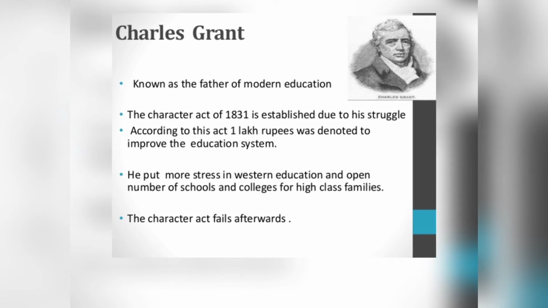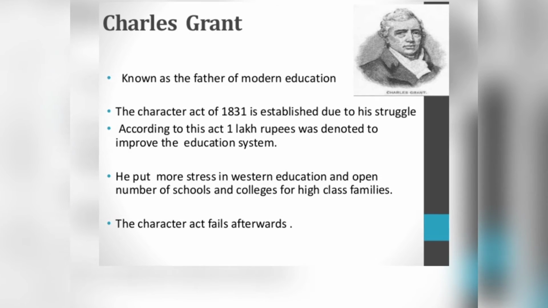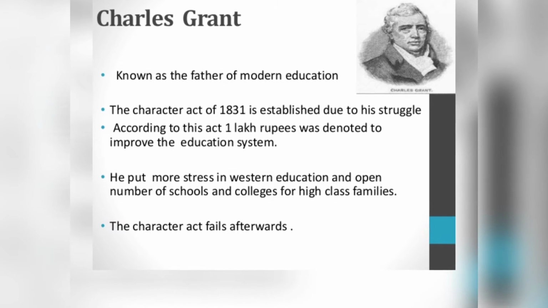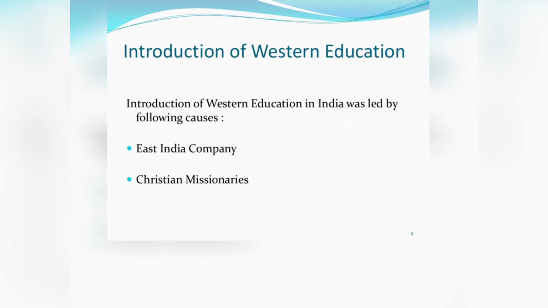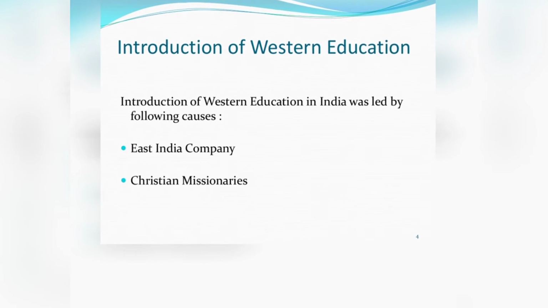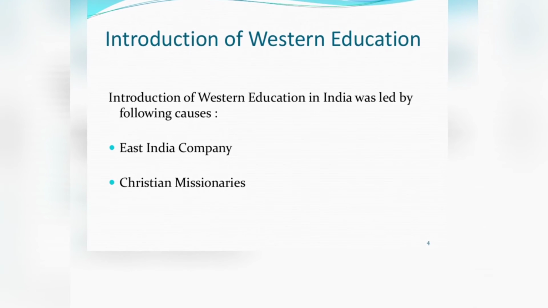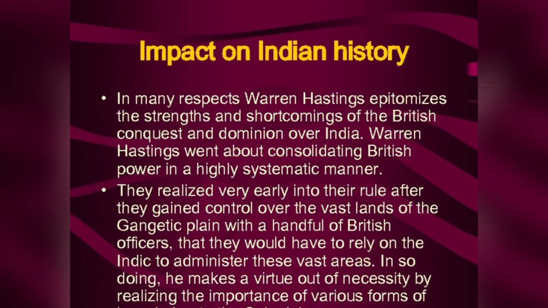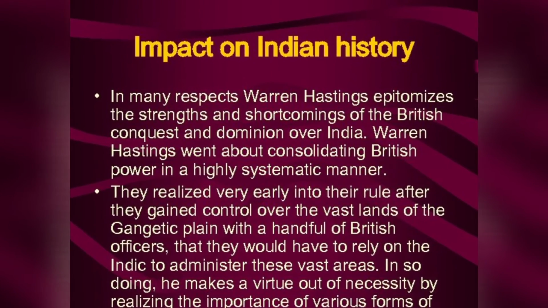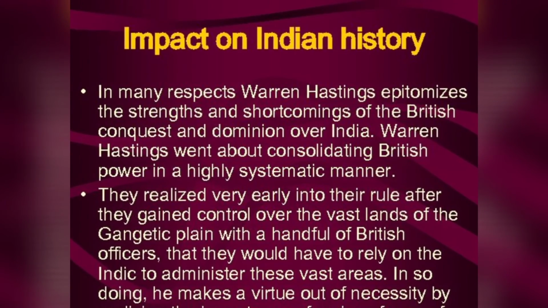So Warren Hastings had a different view. Charles Grant believed that Indian society was morally and mentally corrupted, and because of this, he wanted to impart Christianity through English education. At the same time, Warren Hastings believed that Indian tradition is really rich. So he said that we should not convert the Indian mind through religious English education.